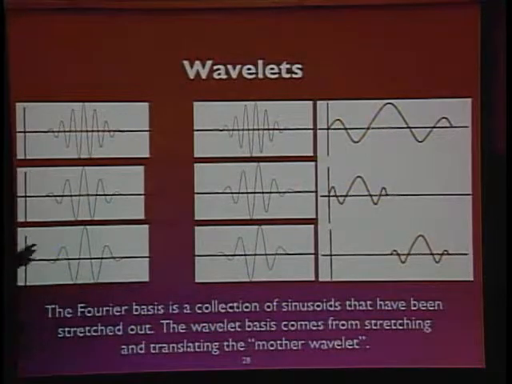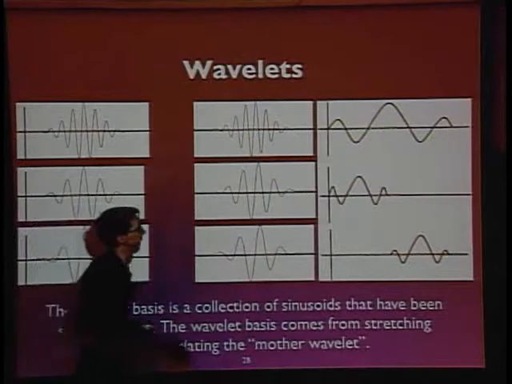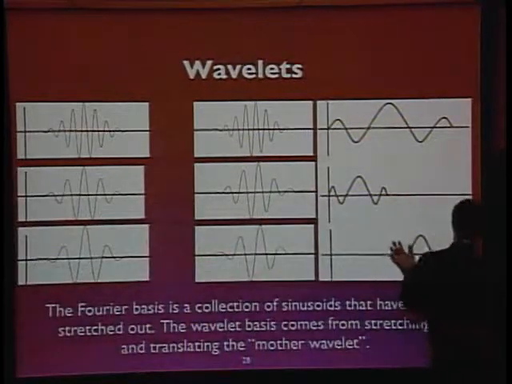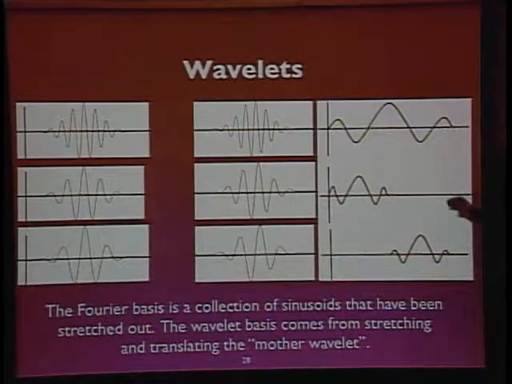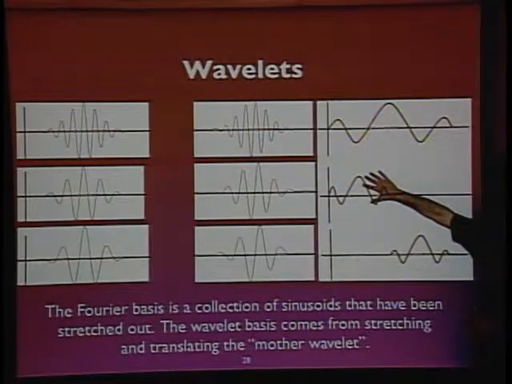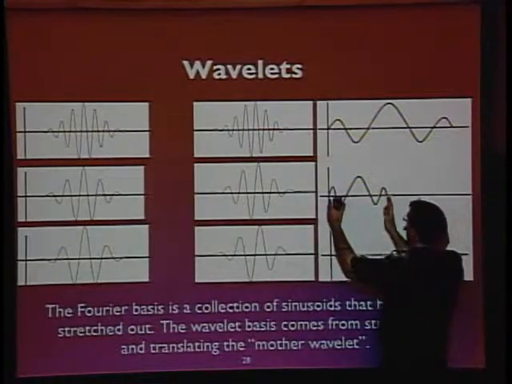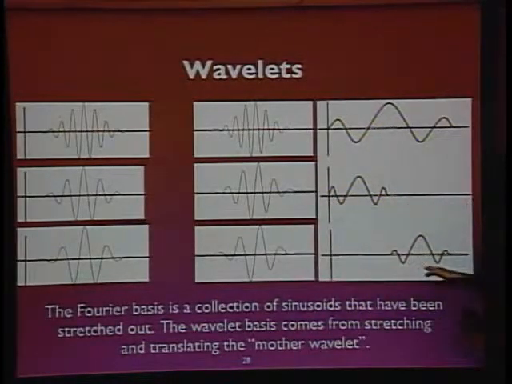You can have ones that are localized in space. The cool thing about this is that if you have a one-dimensional image and you want to analyze it, you can analyze it using, for example, this function and this one and this one. And it shouldn't be hard for you to figure out that this function is going to tell you about this half of the image, and this function is going to tell you about this half of the image.